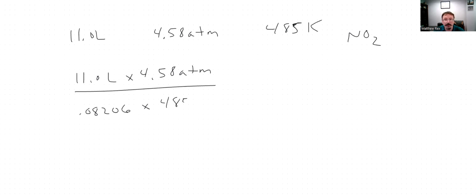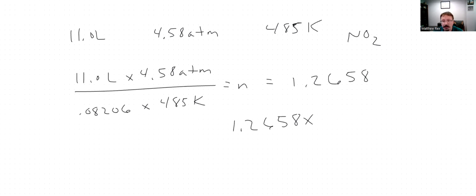This is going to give us our number of moles, 1.2658. Then we know that this is NO2 gas, so we multiply that by 46 grams per mole.